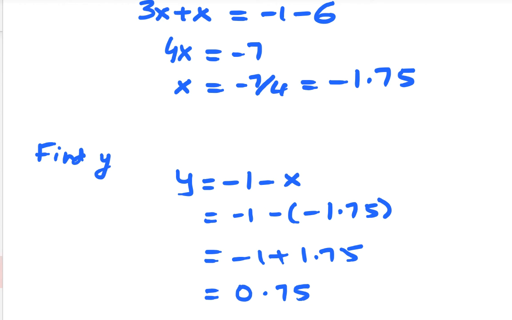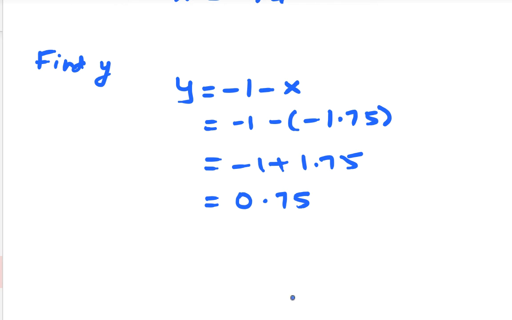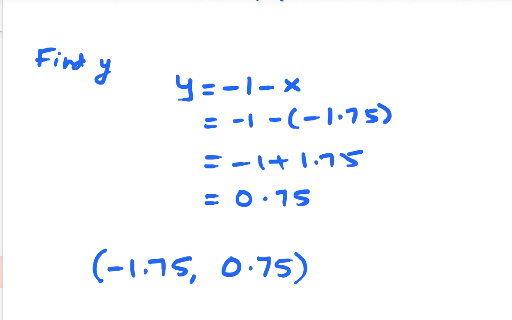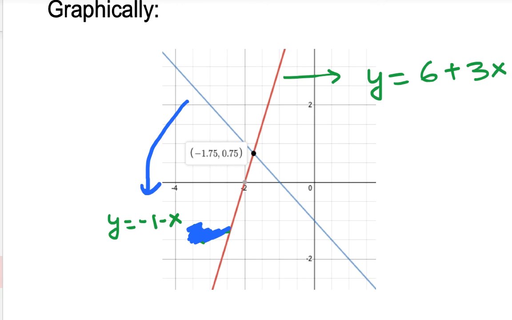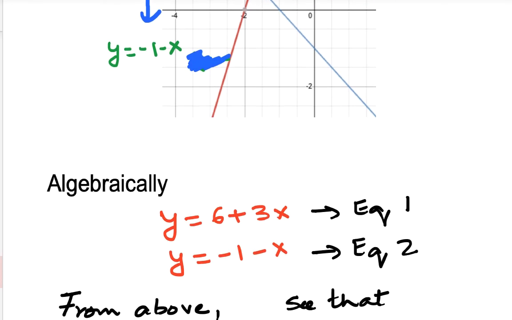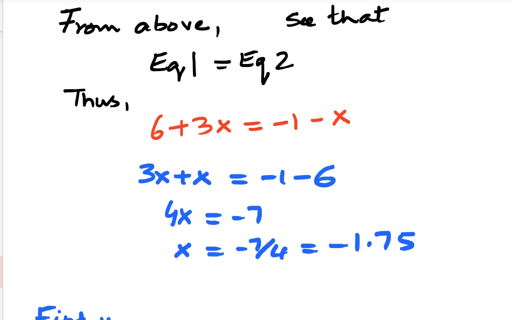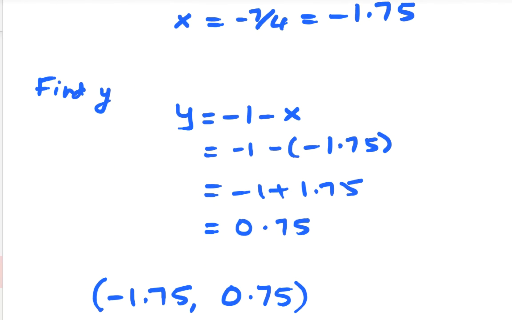So the common point of intersection for both of these is (-1.75, 0.75). Clearly, this was the point we also got from the graphical point of view. We can see it graphically, as well as solve it using algebra. And here is our answer to it.